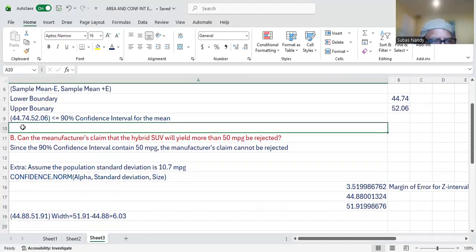And here the width of the interval is 52.06 minus 44.74, which equals 7.32.